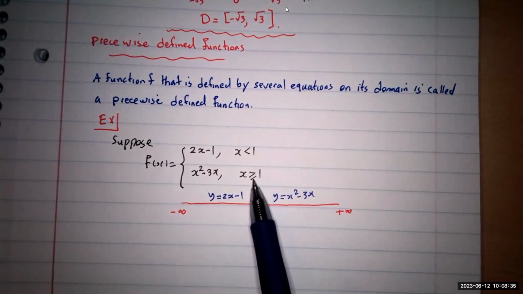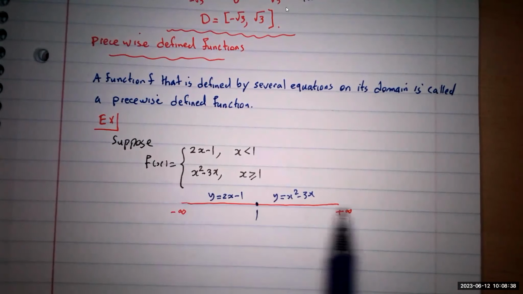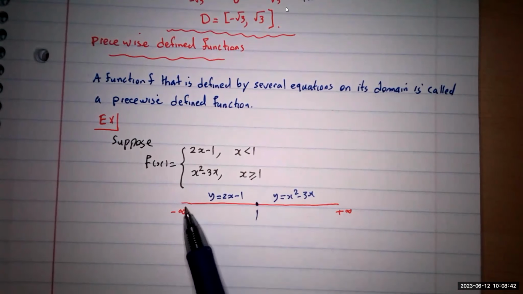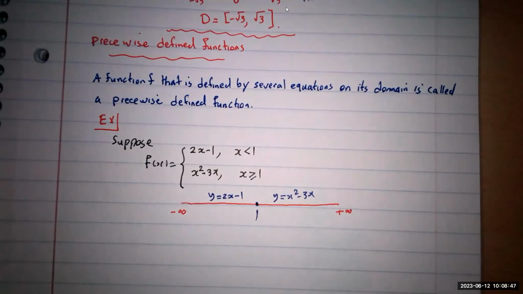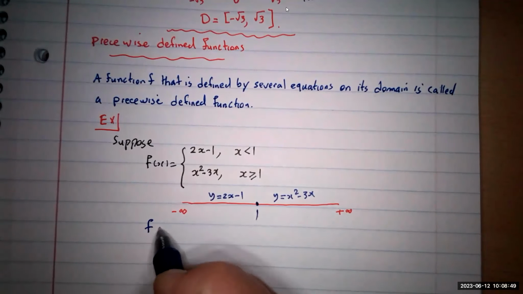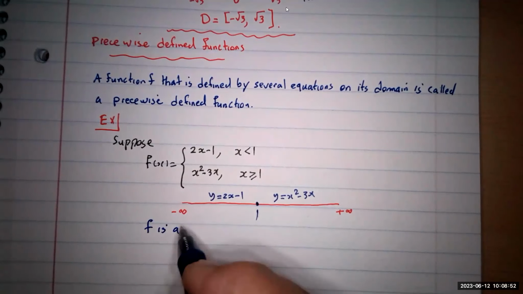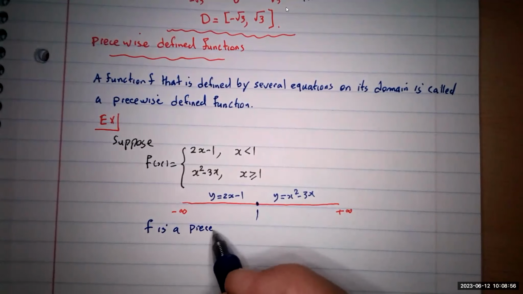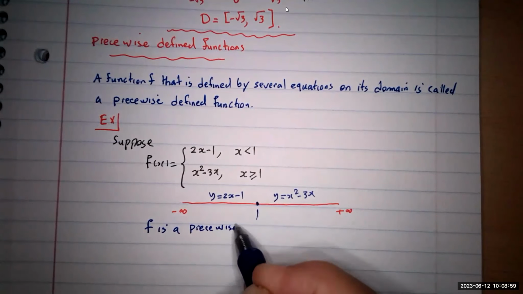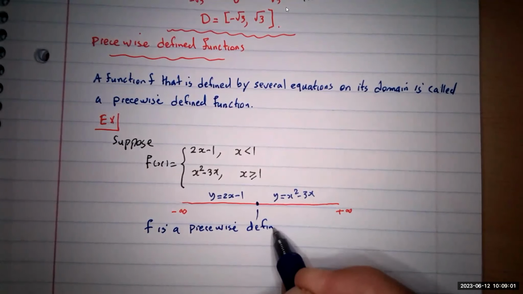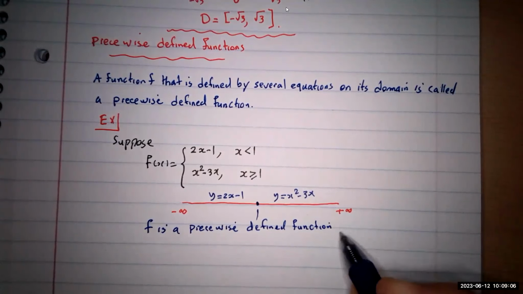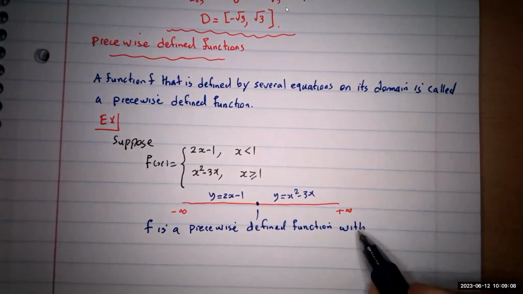If equality is given to you, this means it's defined everywhere. But if the equality is missing, this function is defined everywhere except at 1, for example. So in this case, f is a piecewise defined function, of course with the domain of all real numbers.